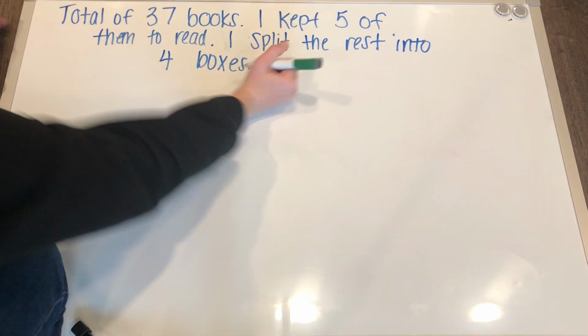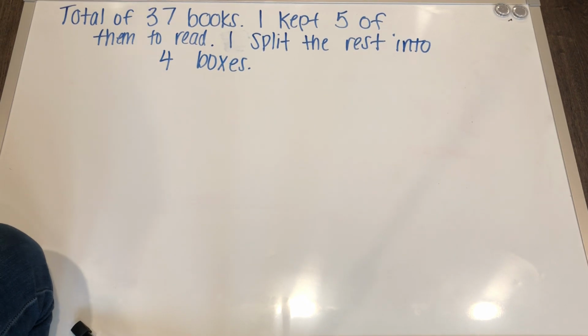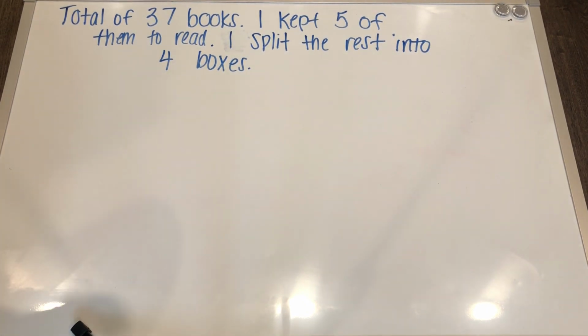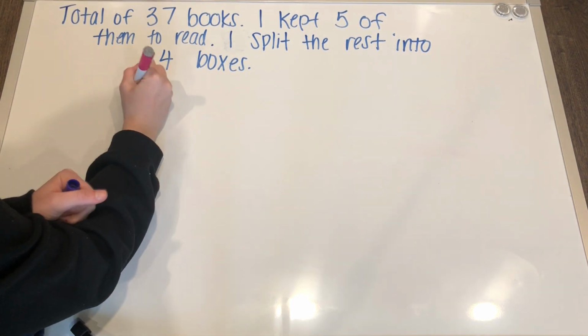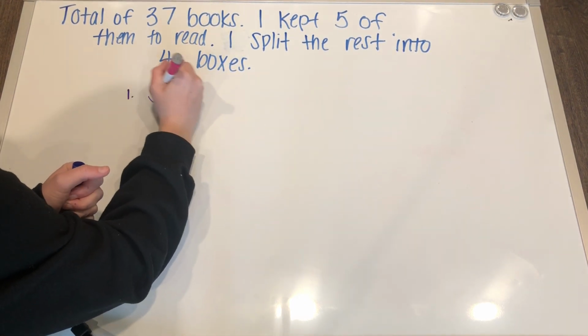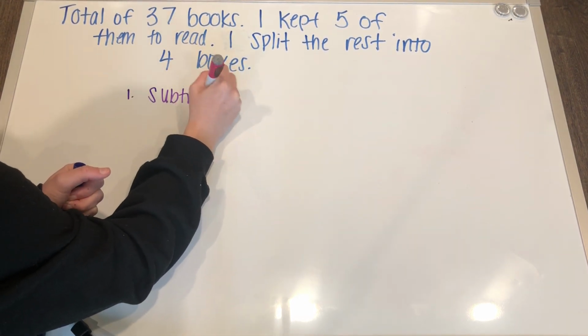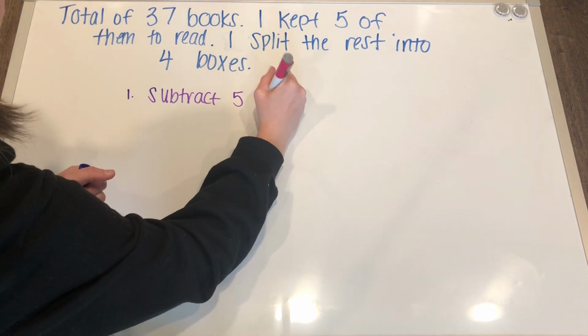Okay? So the first thing we would have to think of is, if I were going to solve this problem, what would I do first? I'm going to take my 37 books and subtract 5 of them because I'm keeping them out of the books, okay? So I'm reading those first. So I'm going to first subtract 5 from the 37.